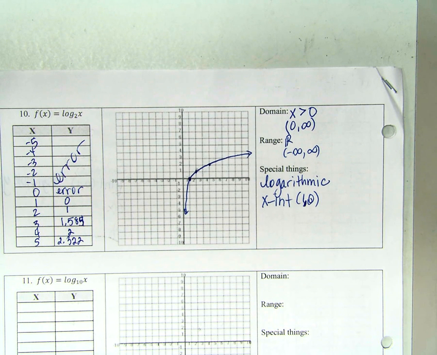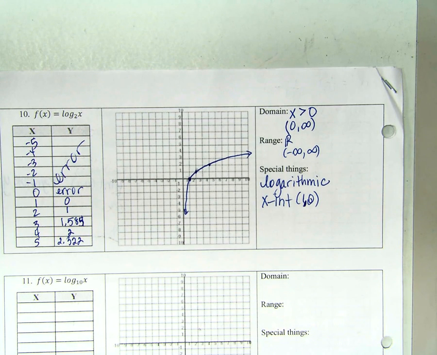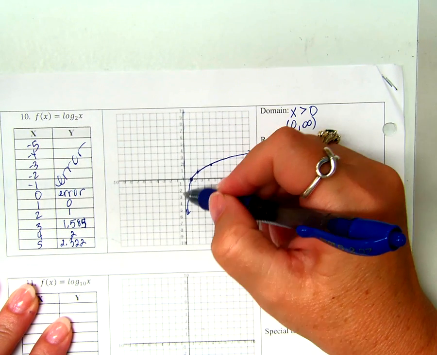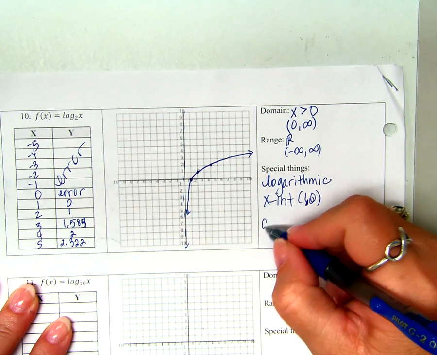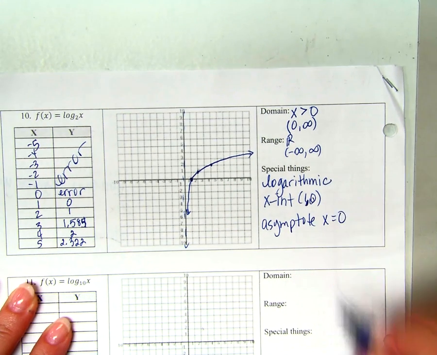Maximum? No. Asymptote? Would there be a minimum? Would there? It could never reach 0. It can never go left to 0, but how far does it go down? An infinite amount. It just never reaches 0. It just gets closer and closer. Okay? And then asymptote, we said yes? Where? X equals 0, right here, right? Okay.